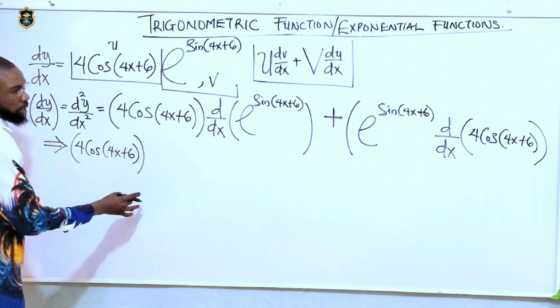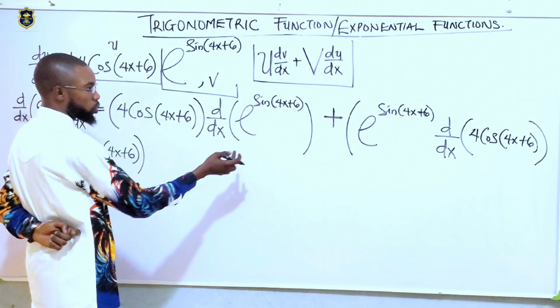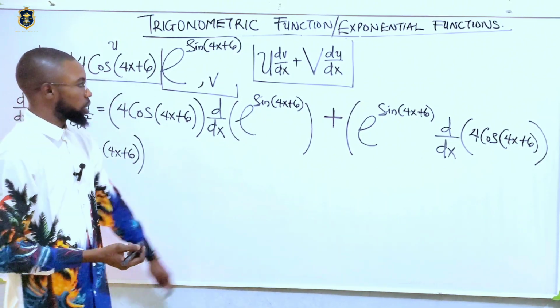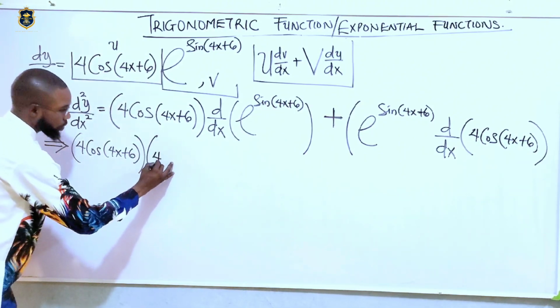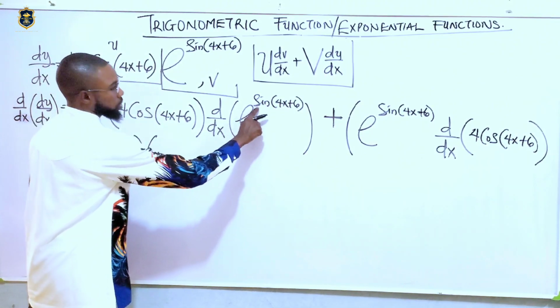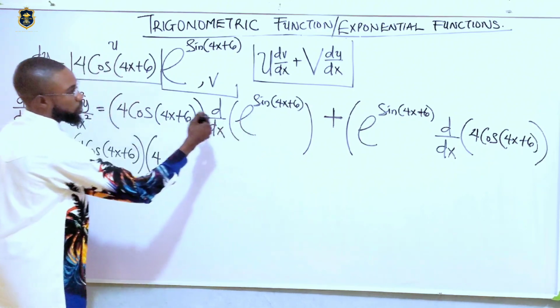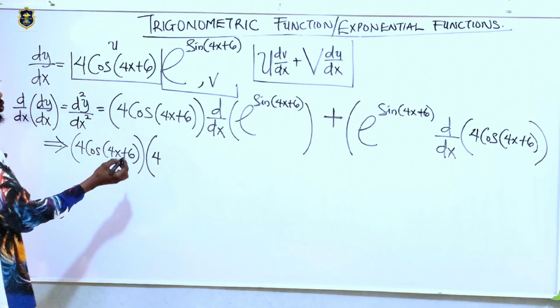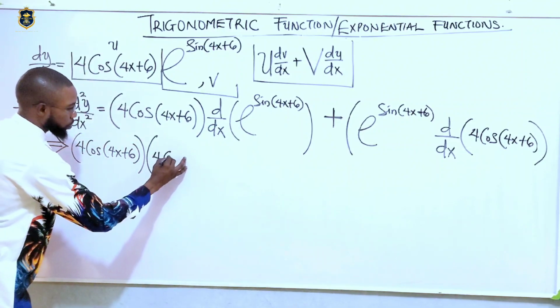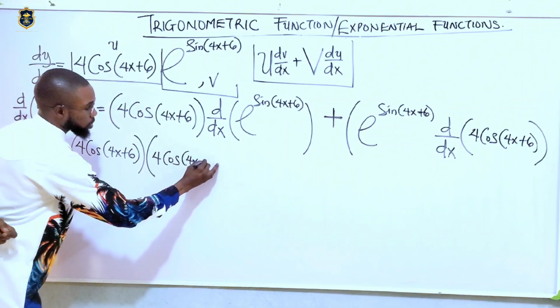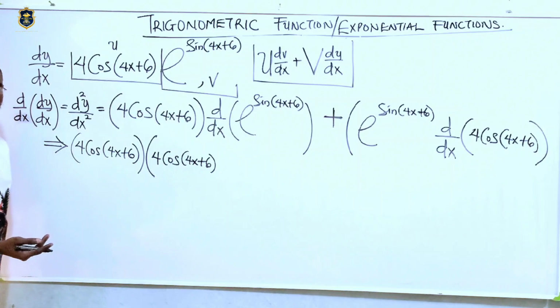And if we differentiate this, what are we going to get? Let's use the simplest way of differentiating it. Differentiate this one first. We're going to have 4, then differentiate all of this, so we're going to have cos 4x plus 6.